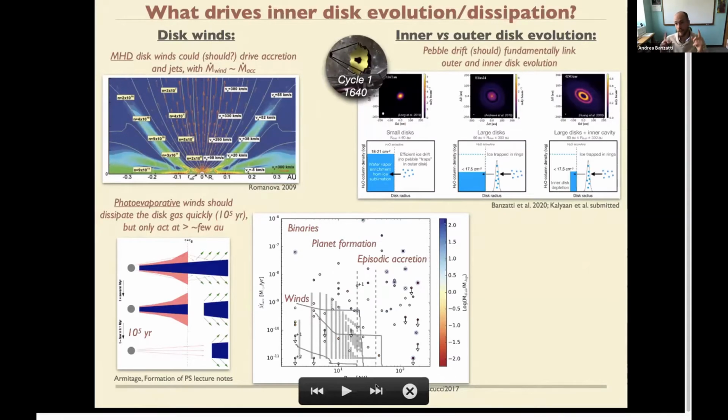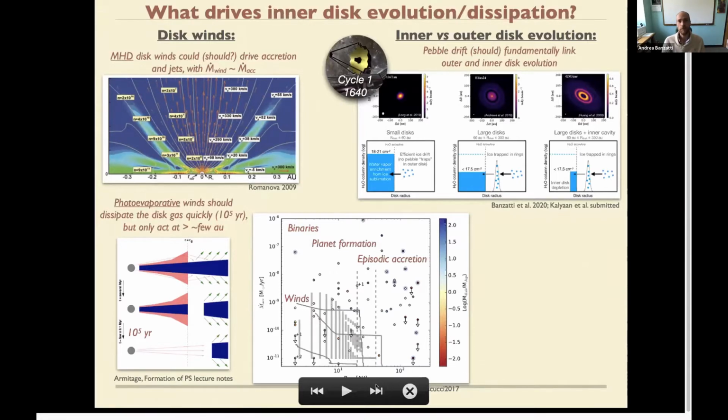All right, another hot topic that is developing very quickly due to available observations, ALMA and soon JWST, is connections between inner and outer disk evolution. Here I show an example from a recent paper we published, and there is a new one, theoretical modeling these processes, by Kalian, coming up soon, where we are investigating how pebble drift, a fundamental aspect of this evolution, is shaping the physics and chemistry of inner disks.